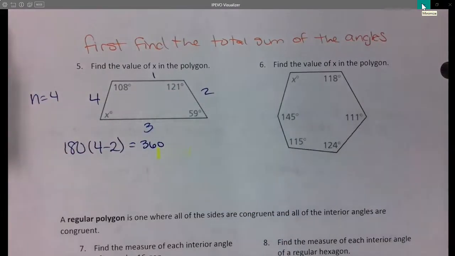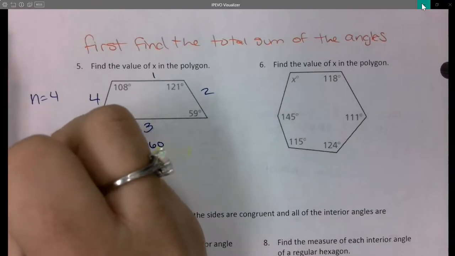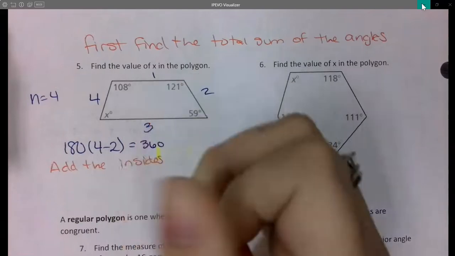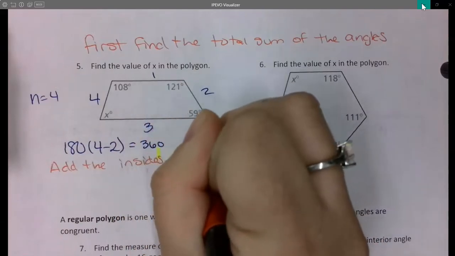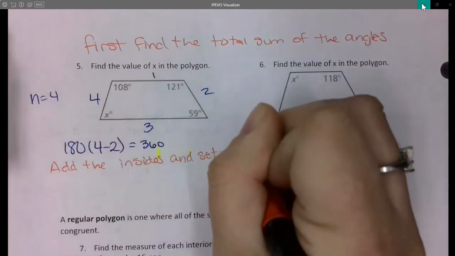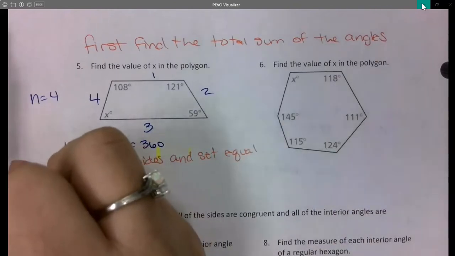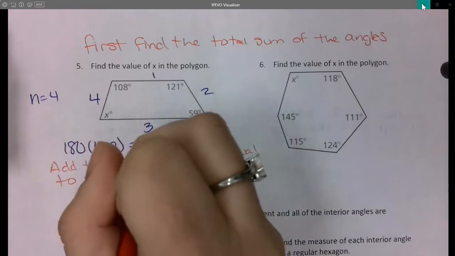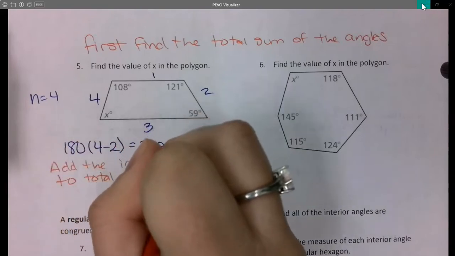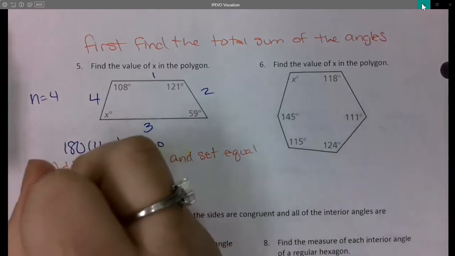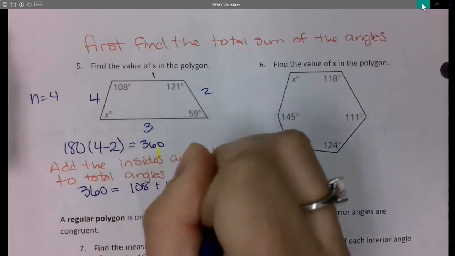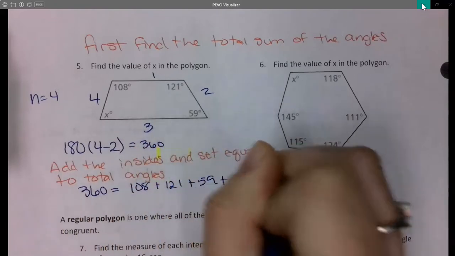So what I want to do next is add the insides and set them equal to that angle measure I just got. So I'm going to take that 360 and set it equal to 108 plus 121 plus 59 plus x.